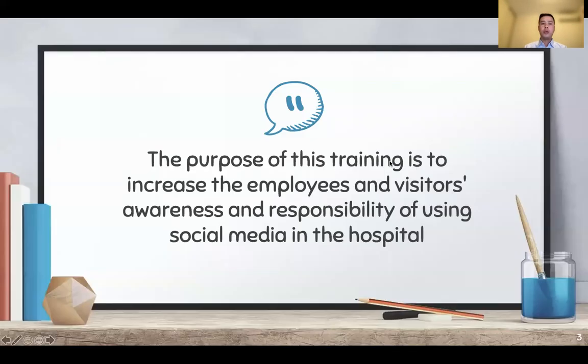The purpose of this training is to increase employee and visitor awareness and responsibility of using social media in the hospital. This policy also defines the potential implications of staff activities.